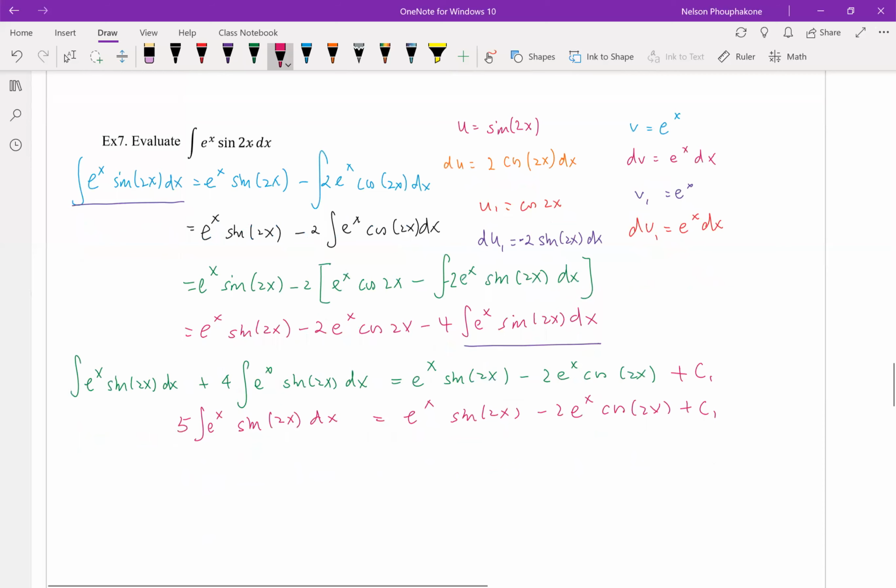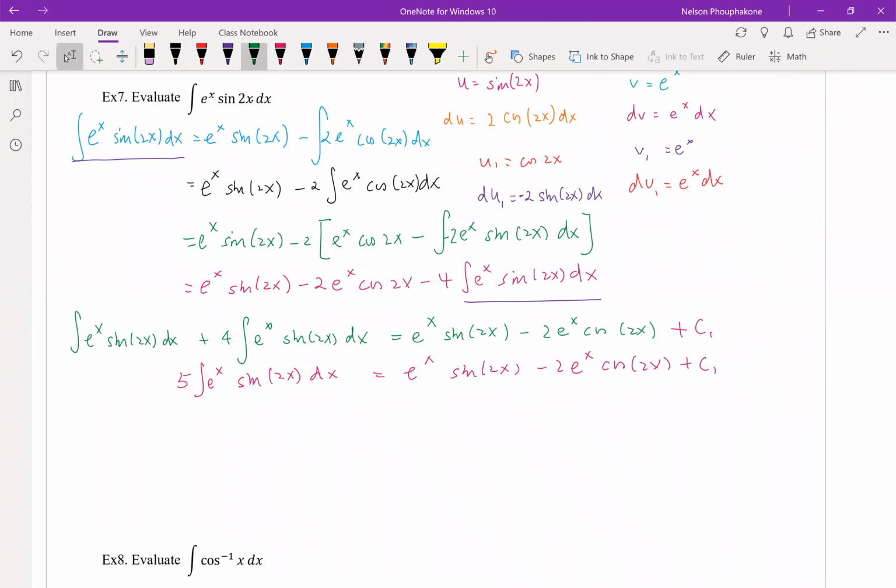And now, of course, we are going to divide everything by 5.